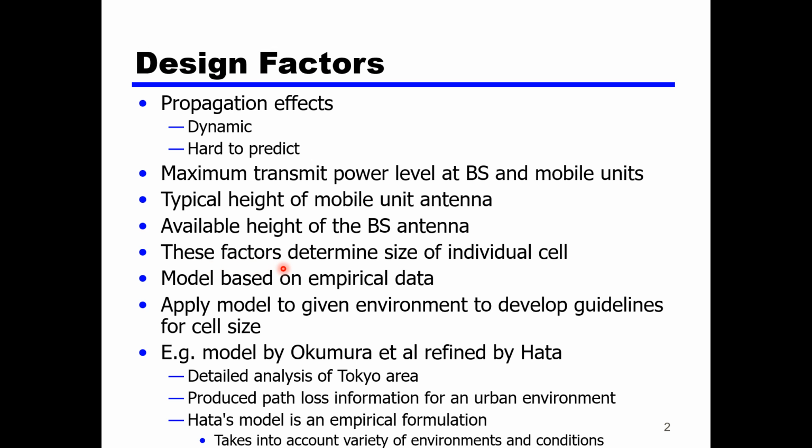This factor determines the size of individual cells, means these radiation factors. The tower of antennas and the power determine how much space the base station can cover, so that the individual cell size can be controlled.